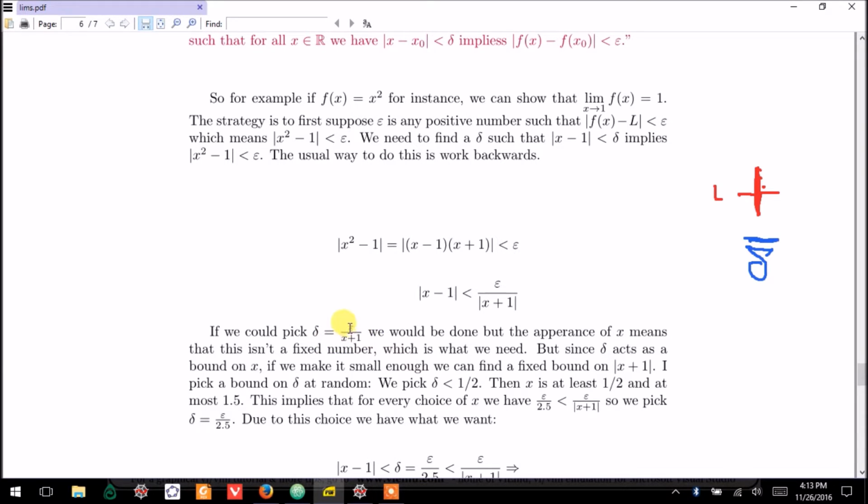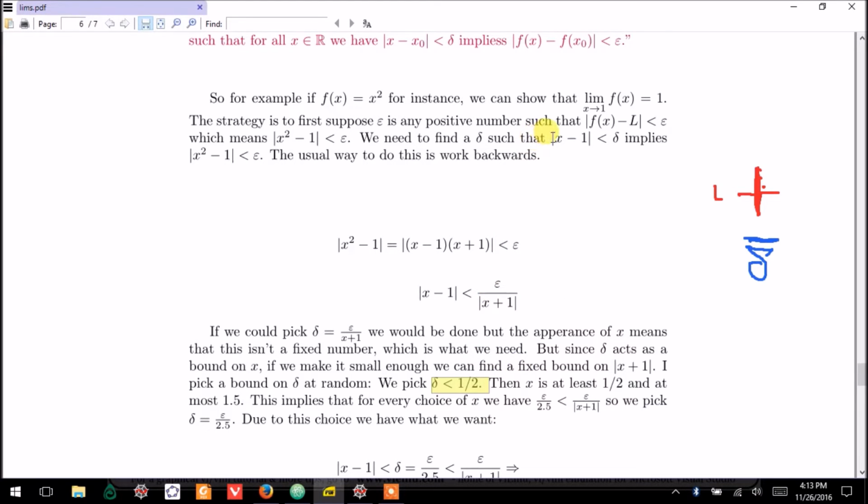I need some particular number that only depends on perhaps epsilon. So how can I do this? Well, one thing I can do is I can just choose to make delta less than a half, right? I mean, if I can find delta less than a half, then I can find a delta, right? It doesn't matter that it's less than a half. So I specifically always look for a delta that is less than a half.